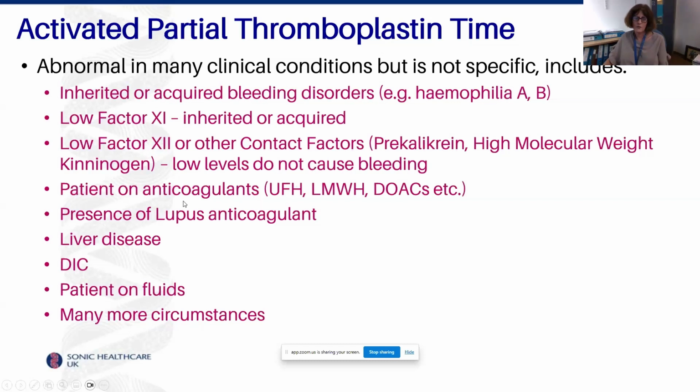We can also use it to monitor unfractionated heparin, not low molecular weight heparin or DOACs, but it will be prolonged when those anticoagulants are present in the patient. We can also use it for detecting lupus anticoagulant.